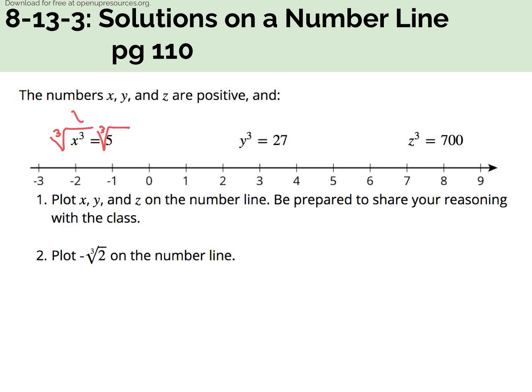So x is going to be the cubed root of 5, and then you plot those on the number line. Go ahead and solve x and plot it, solve y and plot it, and z. And then eventually you're going to put negative cubed root of 2 on the number line also. So go ahead and pause, answer that question, and then come back to me.